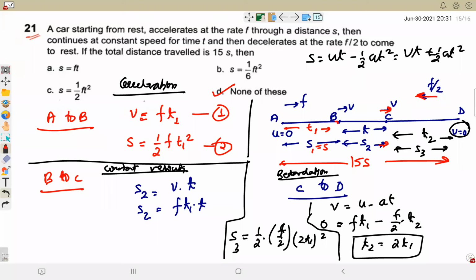The car starts from rest, accelerates with constant acceleration f, reaches a certain velocity, maintains that velocity for time t, and then again there is a retardation due to which it comes to rest at point D. Correct?